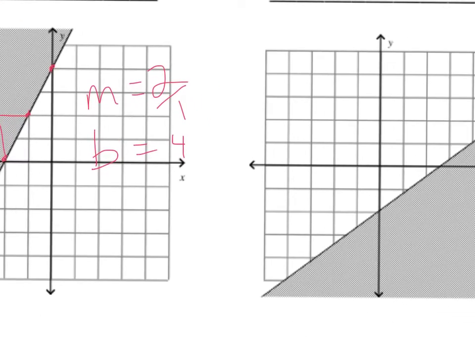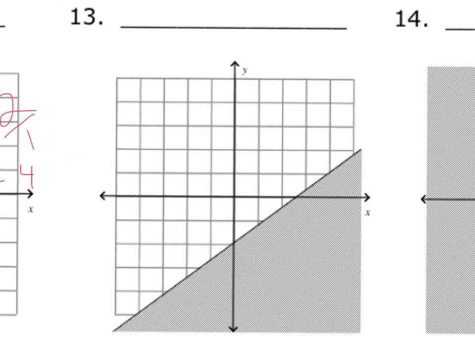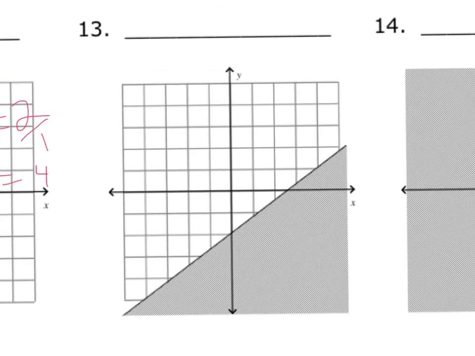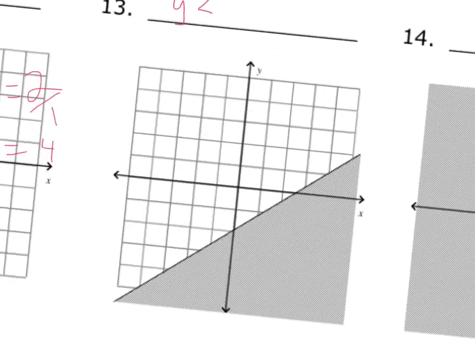Number 13, same thing. I'm going to look at the shaded region, and we see that it is located below the line. So it's everything under the line. That means that y is less than, and I see that it is a dotted line and not completely solid. It's kind of hard to see the dots. If I blow that up a little bit more, we can see that it's actually dotted.